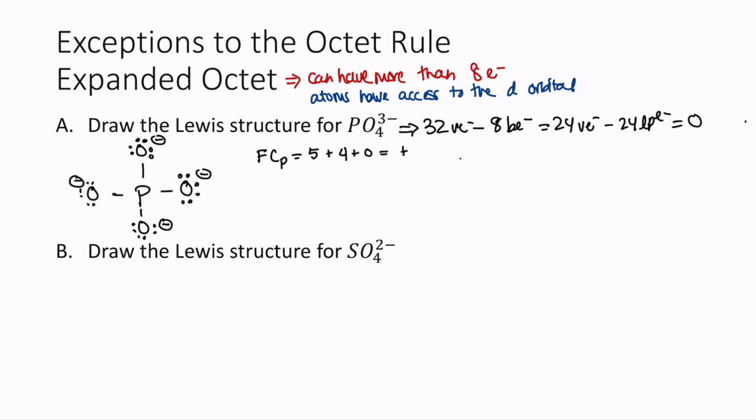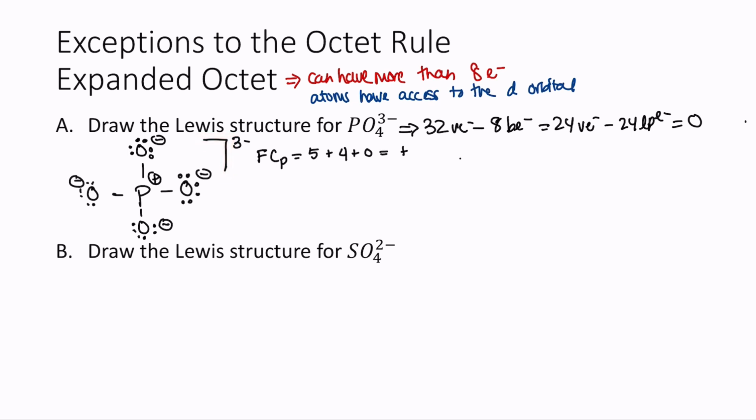So it's going to have a +1 formal charge. Notice this gives us an overall charge of -3. This is kind of like an abbreviated bracket. Instead of drawing the big brackets, we can just do this small one right here.